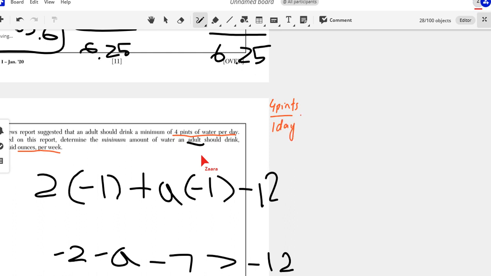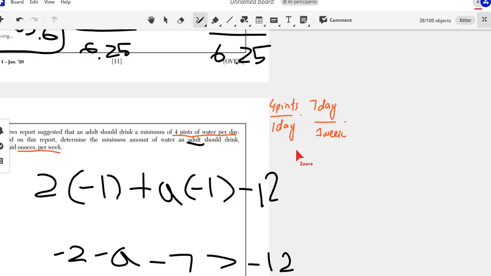Now we have to calculate for per week, right? So I multiplied it with 7 days in one week. Is it clear?